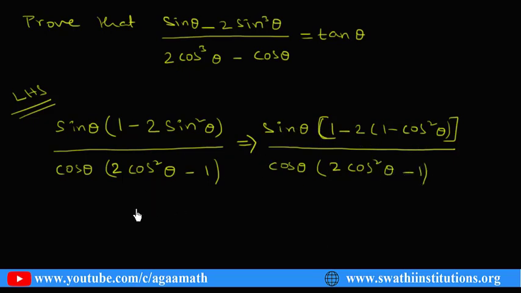Now let me simplify the numerator part again. So sine theta, 1 minus 2 into 1 is 2, minus 2 into cos square theta is plus 2 cos square theta.